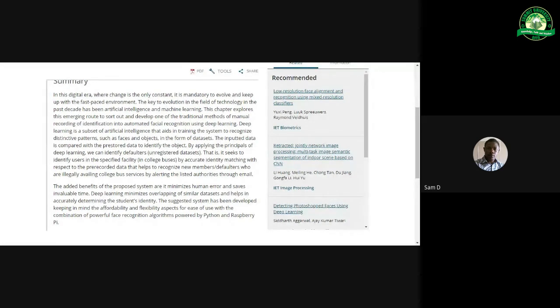I think it's okay to be added because it's talking about creating a database for facial recognition. I think it can be added to the list of papers as well.